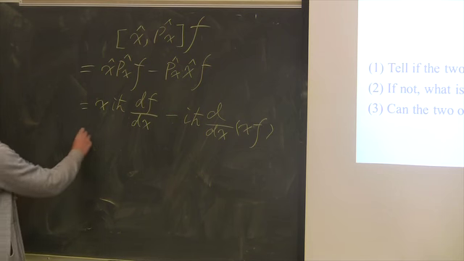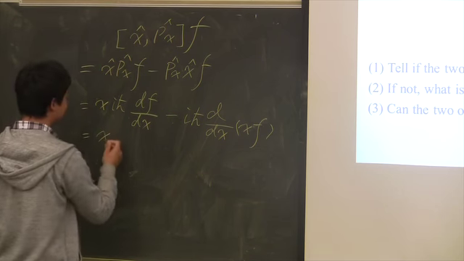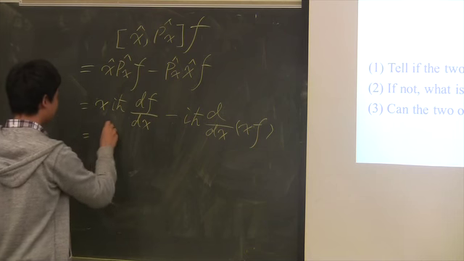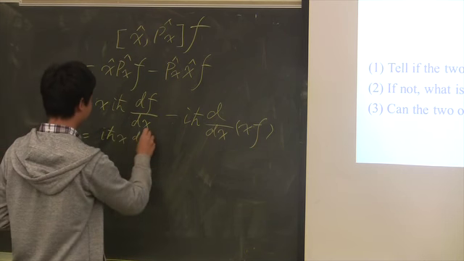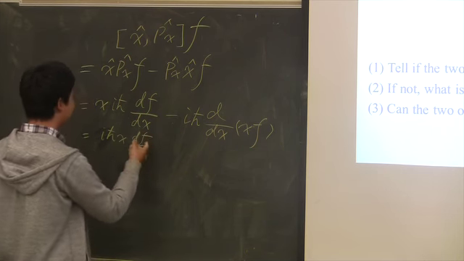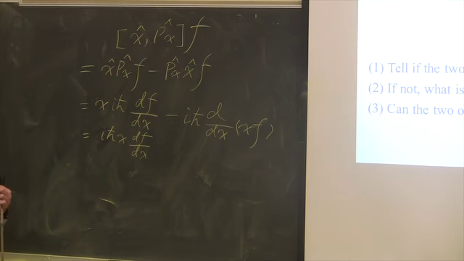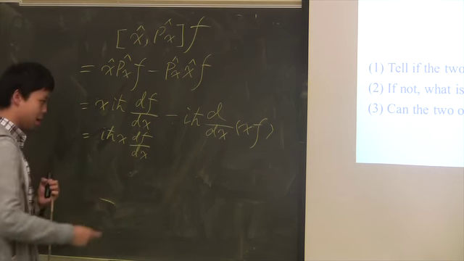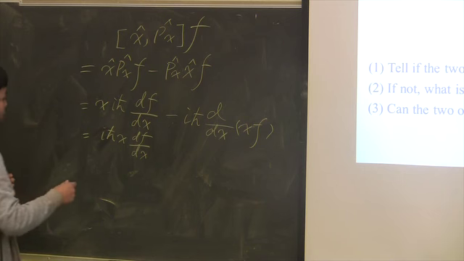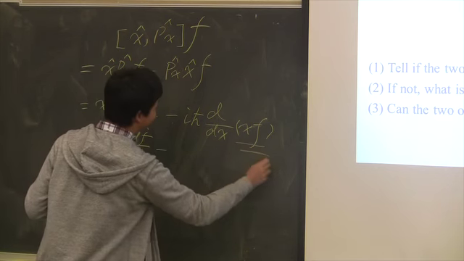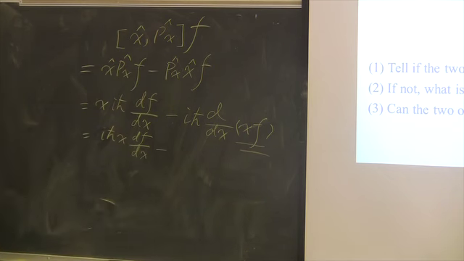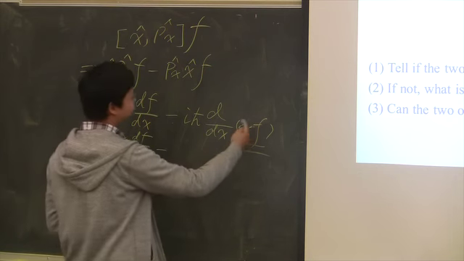Okay, so let's use our math to do it. So this is not quite interesting, just i h bar x df/dx. We don't know what f is, so we cannot evaluate the derivative here, so let's keep it. Here there's something interesting. We're taking a derivative with respect to a product.